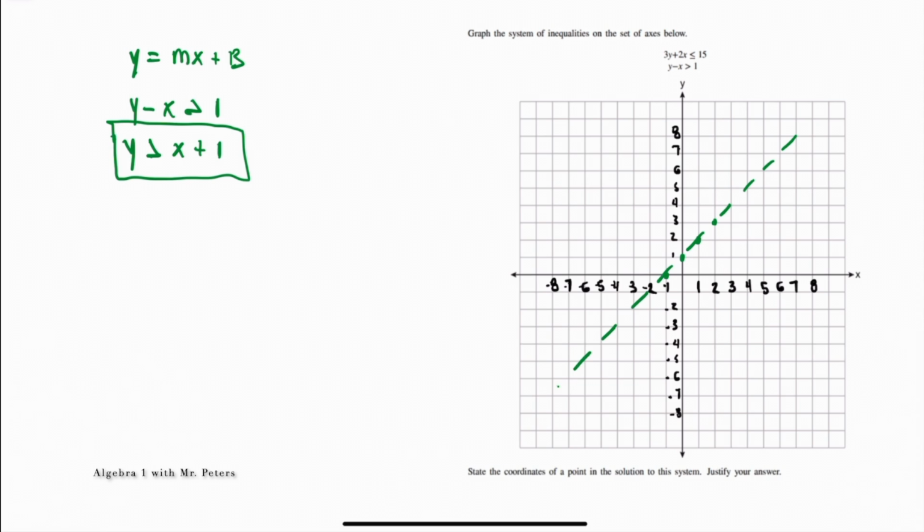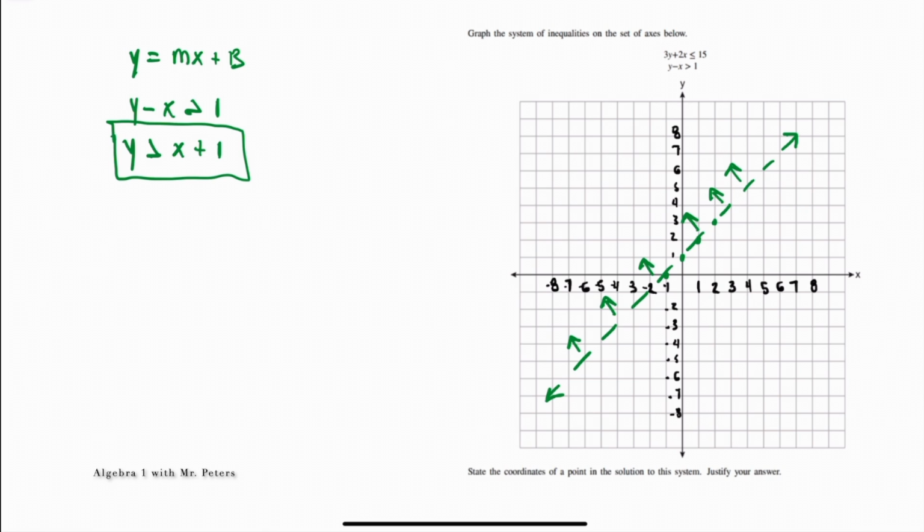So please don't make this mistake, okay? They're betting on you guys getting the line correct, but making the incorrect shading. And this says that y is greater than x plus 1. So typically with a graph like this, that means we should be shading above this line. And I like to just use arrows so I just know which direction I should be shading.